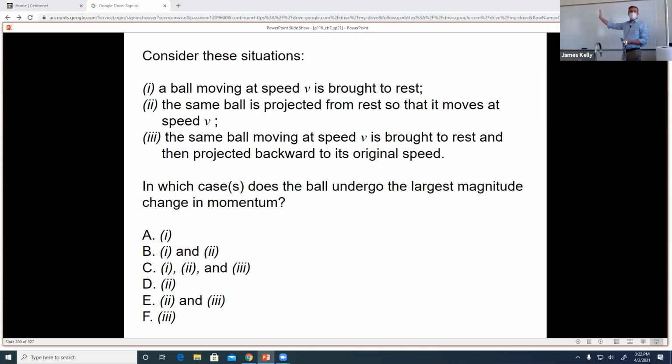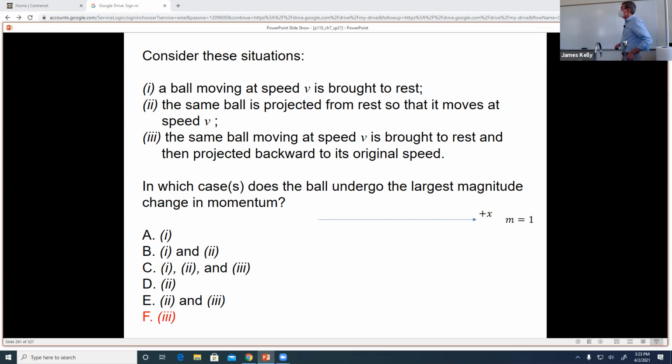Because the only force is my hand, so the net force is in that direction. Impulse is net force times delta t. So the ball is coming in this direction, and I'm delivering an impulse to it in that direction, because I'm pushing in that direction. How about when I'm bringing it back up to speed? Which way am I delivering an impulse to it in that case? Same. So they add together. I give it double the impulse, and therefore there's double the change in momentum. That's one way to see it.